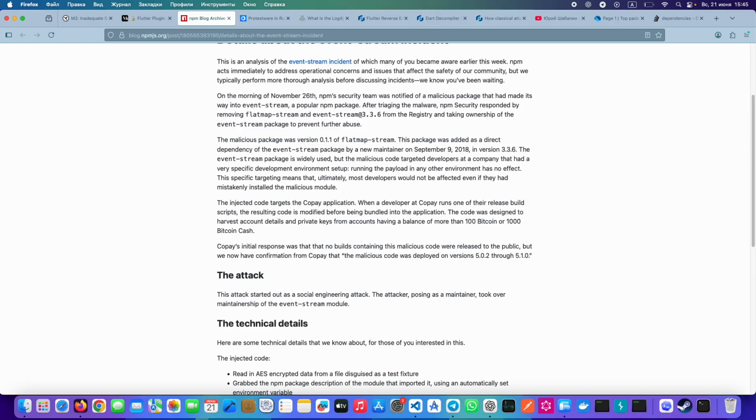This malicious code decoded additional payloads.